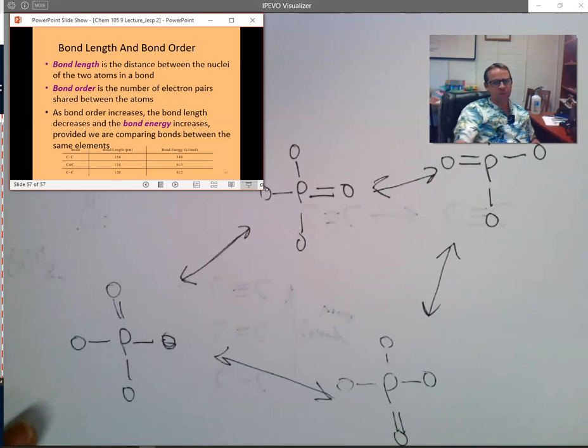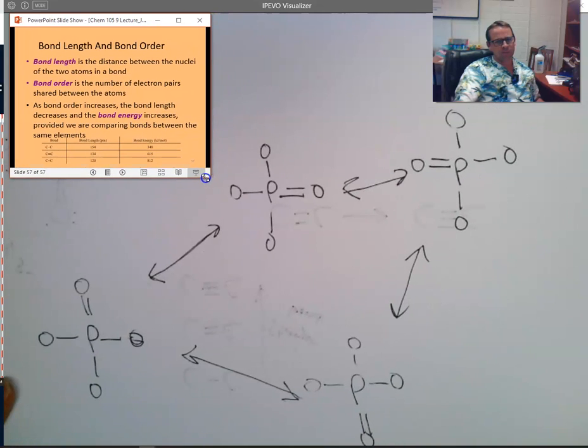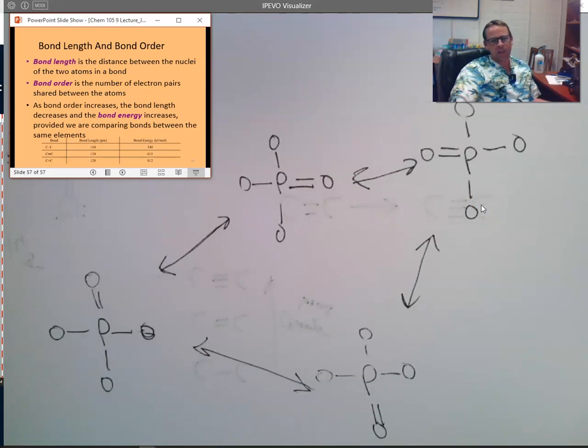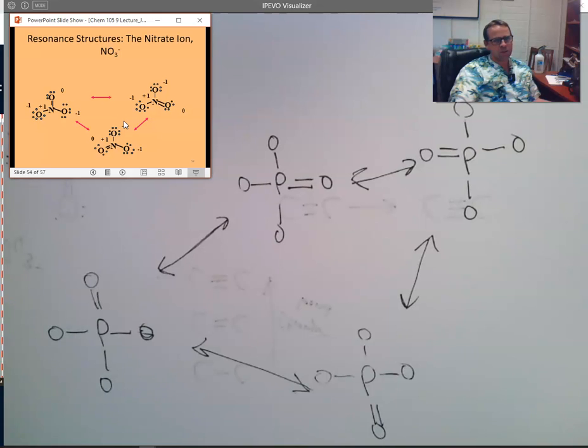So you have these different structures, what we call resonance structures, where electrons are moving around the molecule. And they don't necessarily have to move in this order. They could go from here to this structure over here. So all of these structures are the same structure, but the electron density is moving all around the molecule all the time. Okay? And this results in what we call resonance structures.